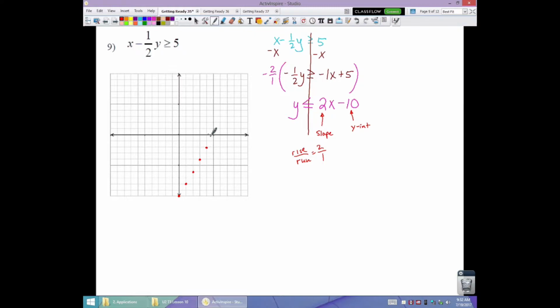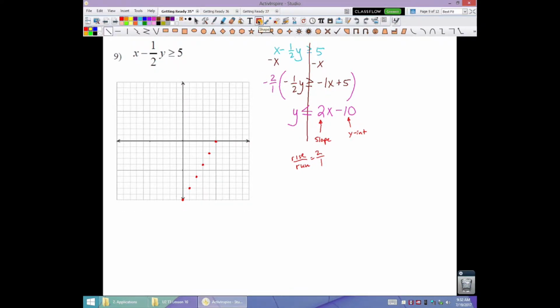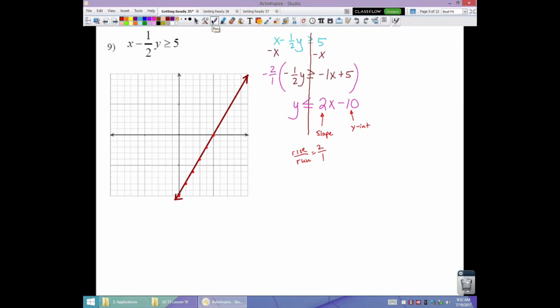Rise 2, run 1, until I feel like I can locate the line pretty simply. This is a greater than or equal to, so again, it's a solid line, just like we had last time. And I'm left with just deciding shade above or shade below. Well, since in slope-intercept form, I ended up with less than or equal, I'm going to shade everything under the line again.